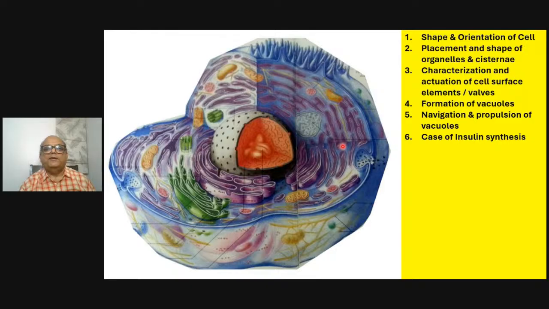That could only happen if there are ropes acting like a spring, getting dissolved, maintaining tension. That is the engineering aspect of the cytoskeleton. Those are the properties of the cytoskeleton: navigation, propulsion of the vacuole, optimizing the movement, and optimizing the energy required to move these bubbles inside. All that is done through the cytoskeleton.